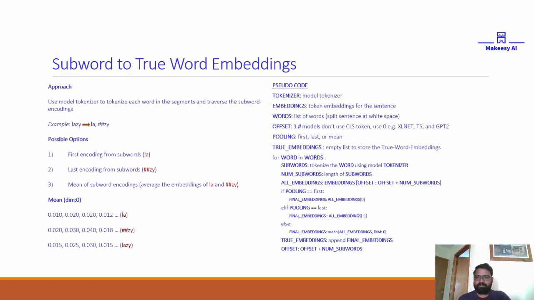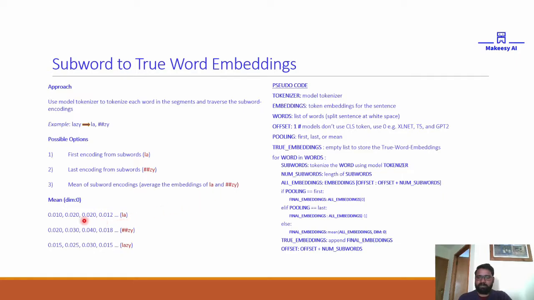For example, we have the word lazy and it is being split into la and zy. So we have three possible options. First, we simply take the subword embedding or token embedding of the token la, or we can take the token embedding of zy, or we can simply run a mean on la and zy and get the embedding for the word lazy.